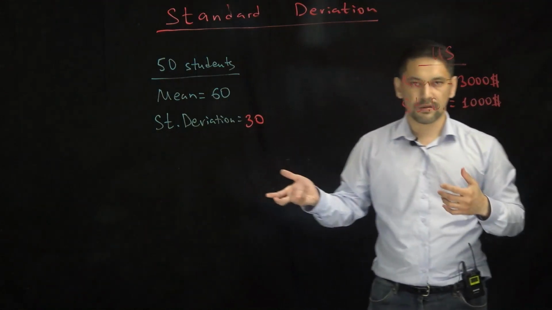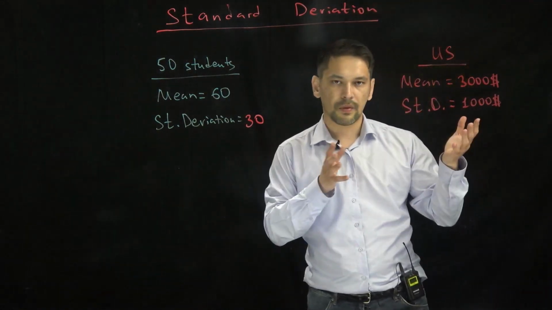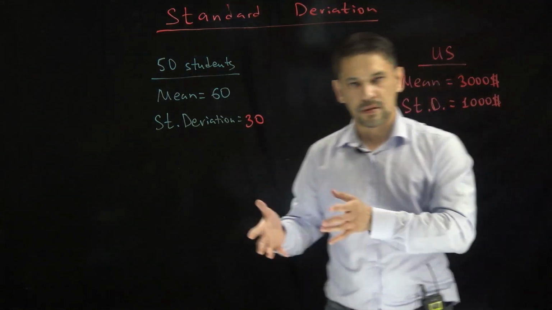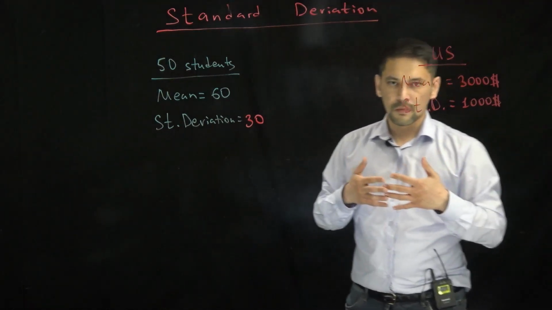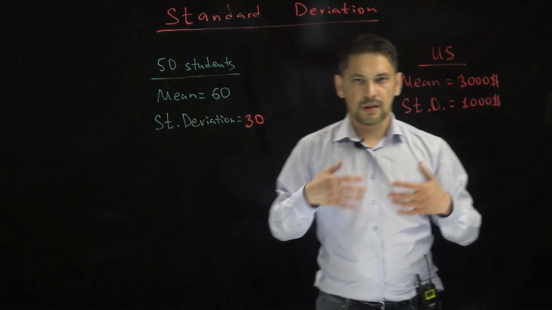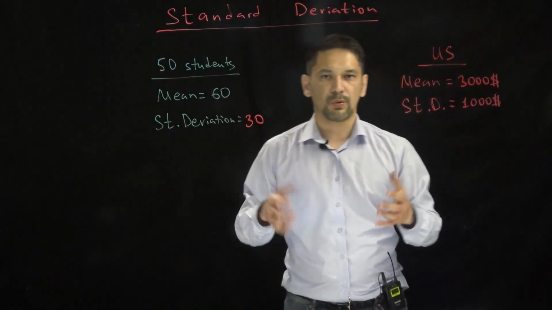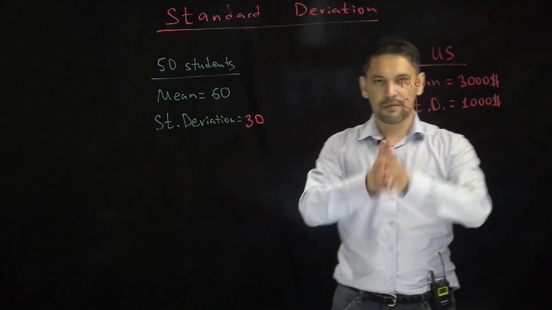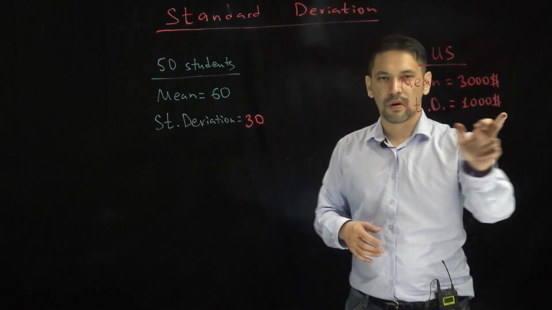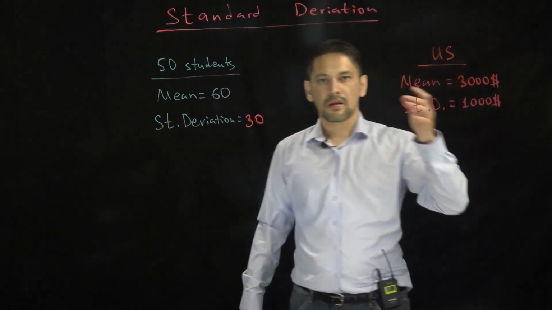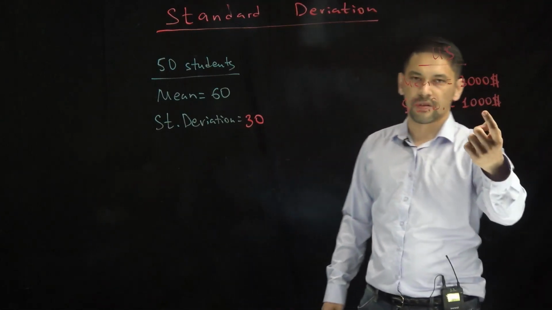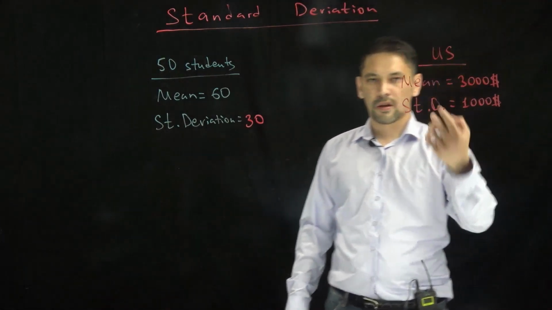If someone else's salary is $5,000, then the difference between his salary and the average salary is equal to $2,000. Now, here's the question. What's the average difference between the salaries of all the Americans and the average salary? Well, it's equal to $1,000. So on average, the salaries of all the Americans differ from the average by $1,000. This is how you can think of the standard deviation.